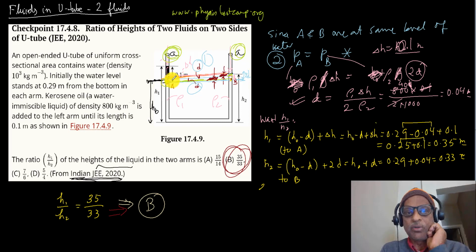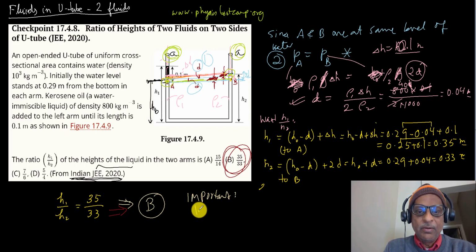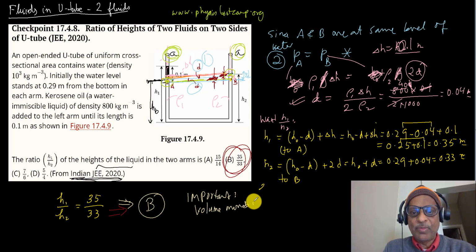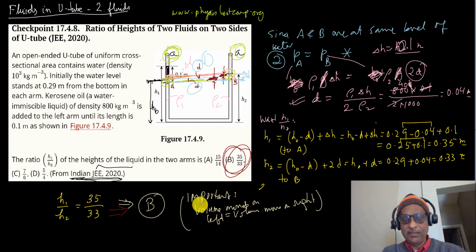So the volume going down here will be equal to the volume going up. So this is important to realize: volume moved on left equals volume moved on right. And because the area of cross section is the same here, the areas cancel out and you get information in terms of heights. So that's one important thing to realize.